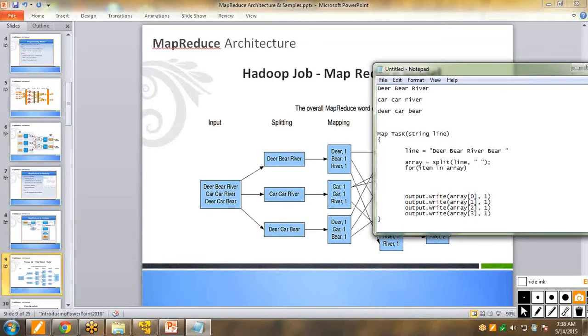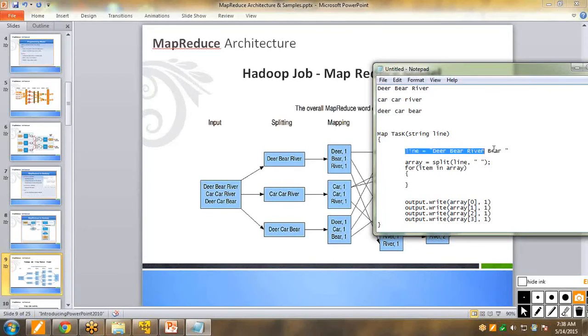For your understanding, I'm giving the line equal to deer, bear, river, and bear, right? You're defining those array values, but should you be doing that? I don't know if I understand that line equal to deer, bear, river, and bear.